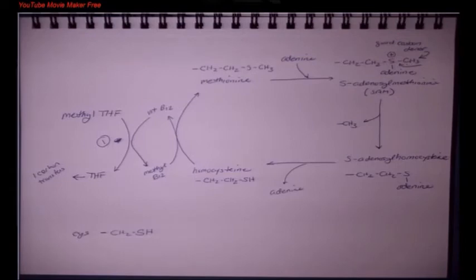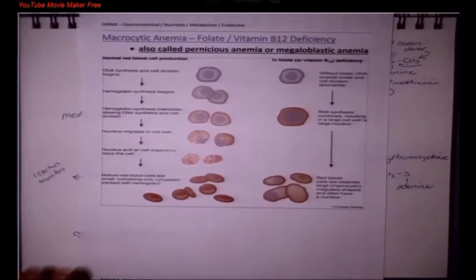Can I feel my homocysteine levels going up? No. So I'm not going to go to a doctor and talk to them about this problem. Now, I might show up on a routine exam, and you might take a normal blood panel test, and that's where you would discover the beginnings of a folate B12 deficiency. So where would you see that? You're going to see that in my red blood cells.